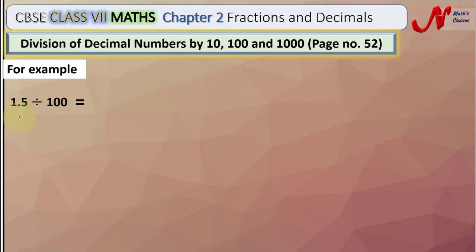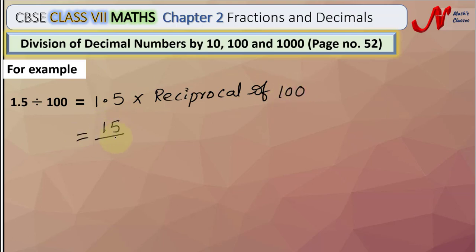Next we find the division of 1.5 by 100, so it can be written as 1.5 into reciprocal of 100. Here 1.5 can be written as 15 by 10 into reciprocal of 100, which means we can write 1 by 100, which can be written as 15 by 10 into 100, which is 1000.